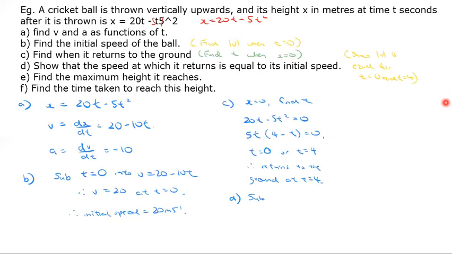We already know from b that it's 20. So we'll sub t equals 4 and find v. So v will equal 20 minus 10 times 4, which is negative 20. Speed will equal the absolute value of v, which is 20. Therefore, it is the same speed. Does that make sense? Good.